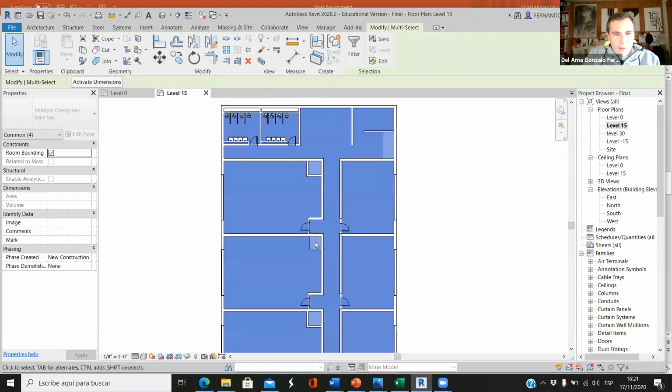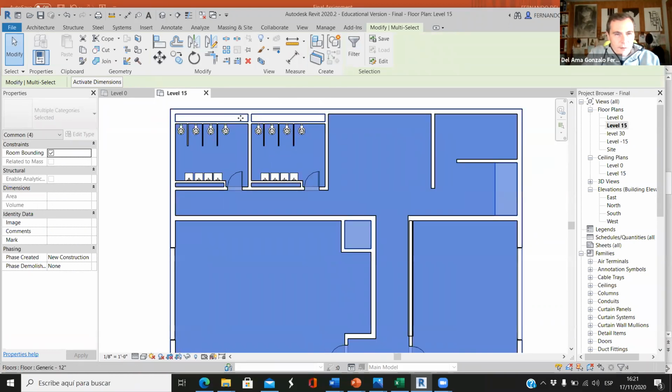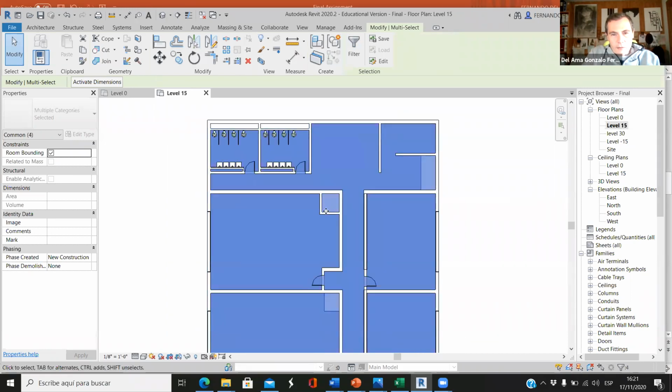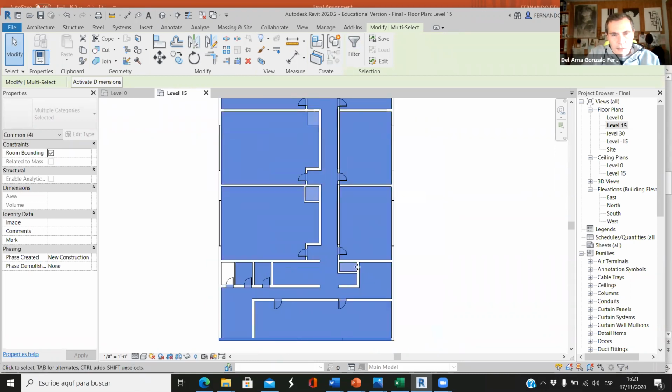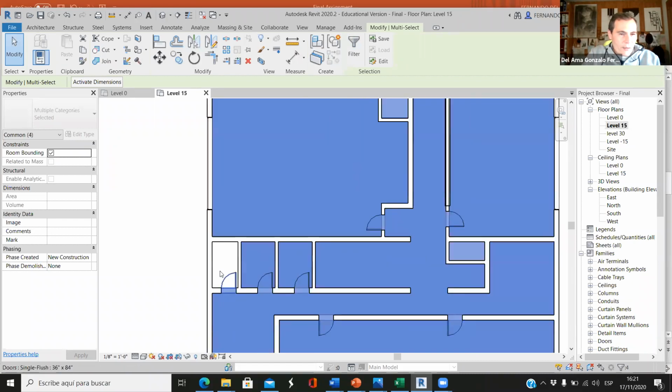Those elements are vertical shafts, so there is no floor here, there is no slab. You can go up and down through these shafts. There's another one here, and another one here. So you can go up through this element.